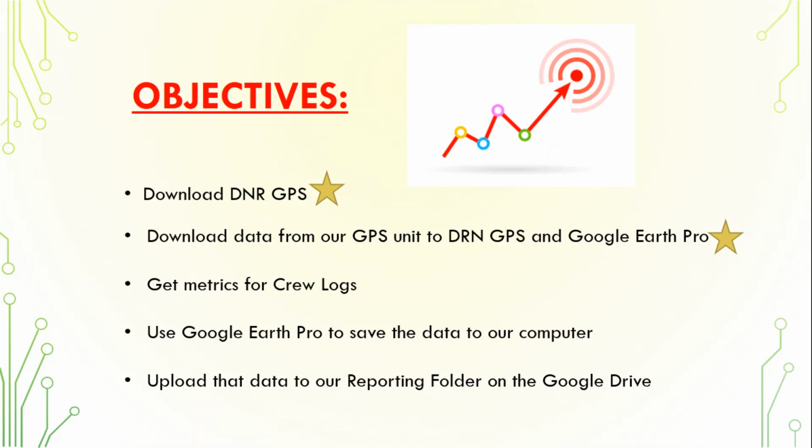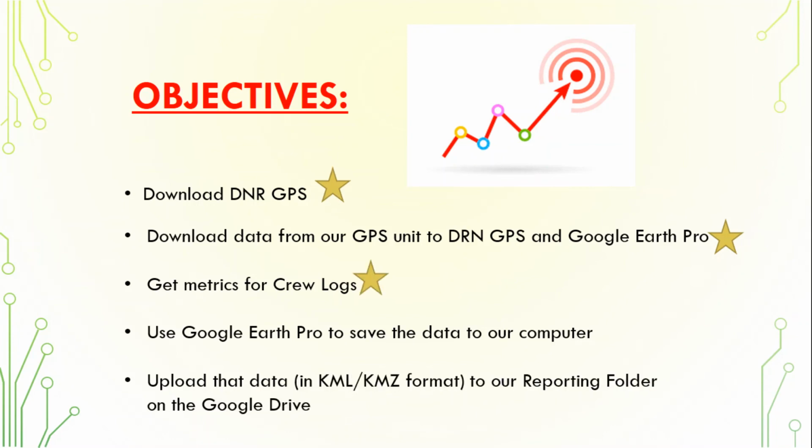And together we traced over our data to get the length amount, and we were able to get the acreage amount by multiplying by width, and we were able to put that acreage amount into our crew log so we can check off the third one. Fourth was just to save our data to our computer via Google Earth Pro. And lastly, we were able to upload that data specifically in a KML or KMZ format to our reporting folder on the Google Drive.